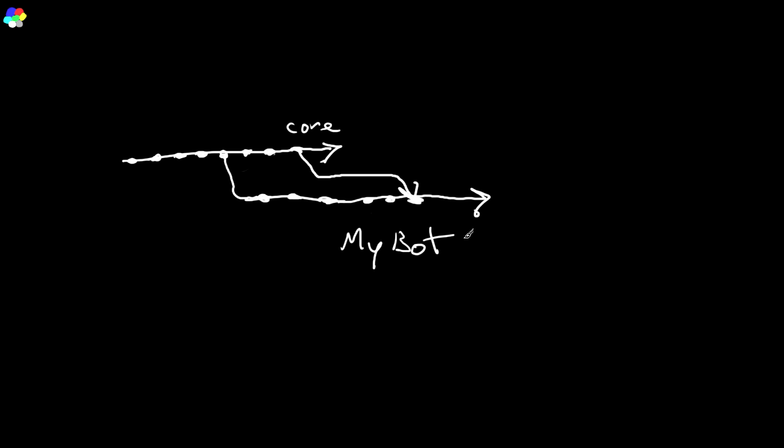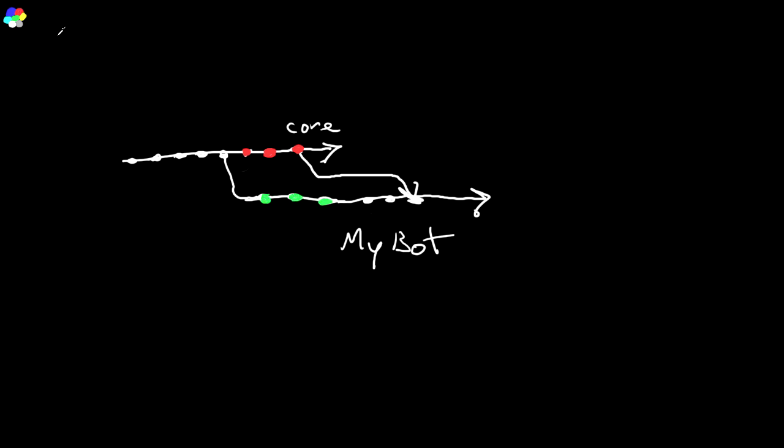So let's change the color here. These are the commits that were added after you branched from core, and these are the commits that you added.